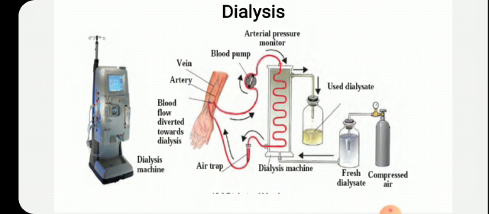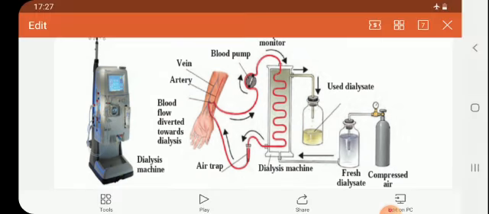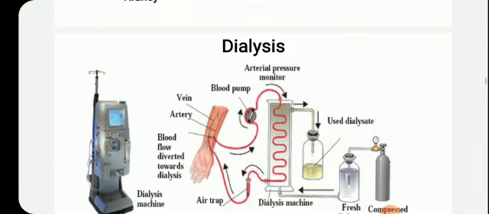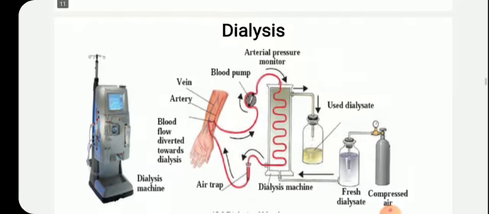So it is done by an artificial, man-made machine. The process of removing the waste material in an artificial way by using the machine is called dialysis, and that instrument is called a dialyzer.